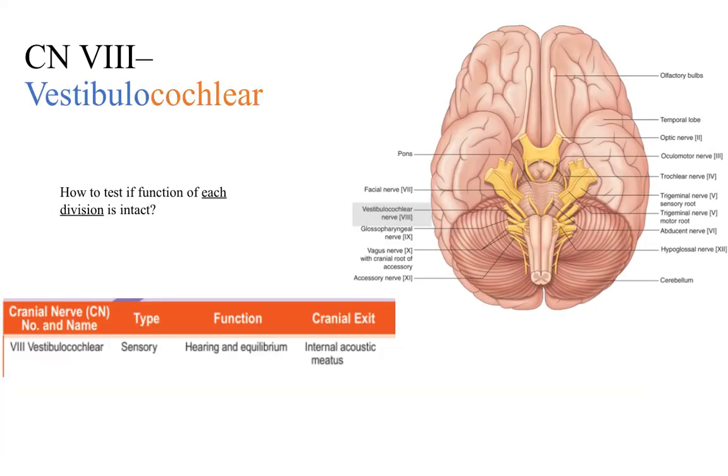All right, next we have the vestibulocochlear nerve right here, cranial nerve 8. That is strictly sensory, and notice that it has two names to it. Vestibulo is going to be referring to balance or equilibrium, and the cochlear part is referring to hearing, our ability to hear.